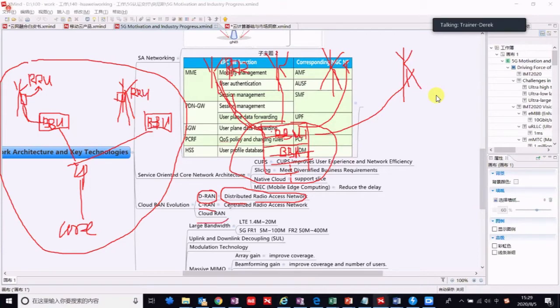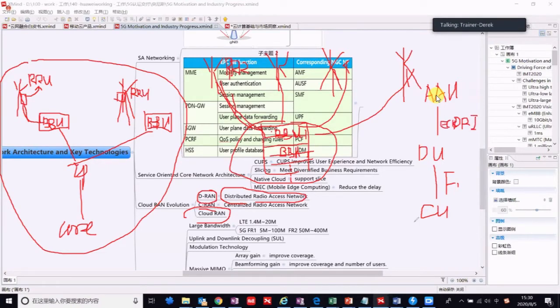And Cloud RAN means the CU and the DU are separated: the centralized unit and the distributed unit, and the AAU. There is the F1 interface and the CPRI, eCPRI.